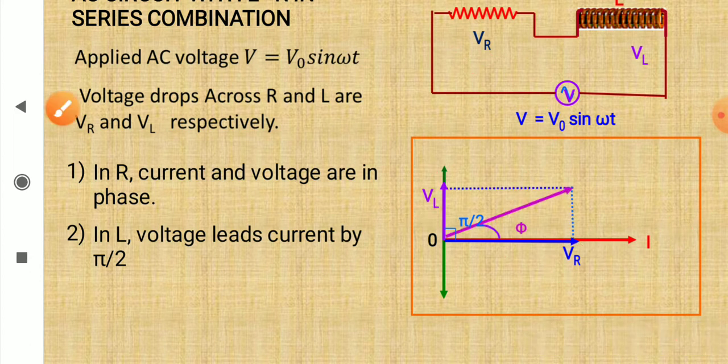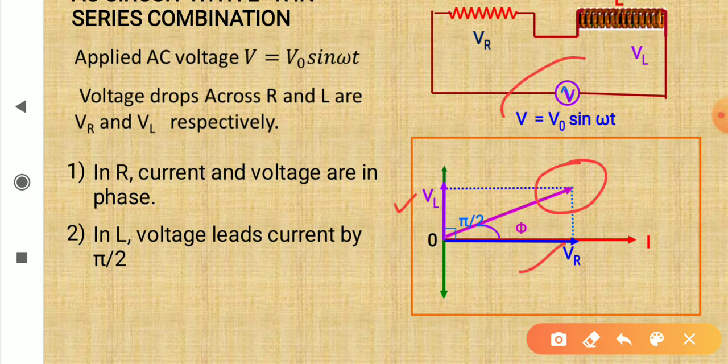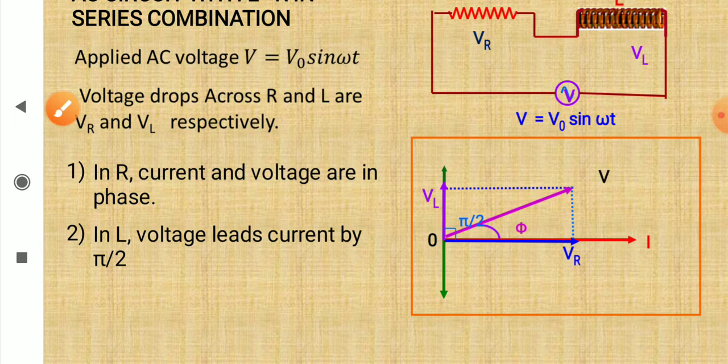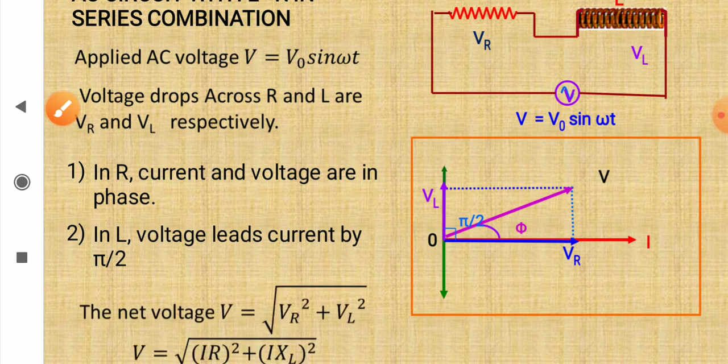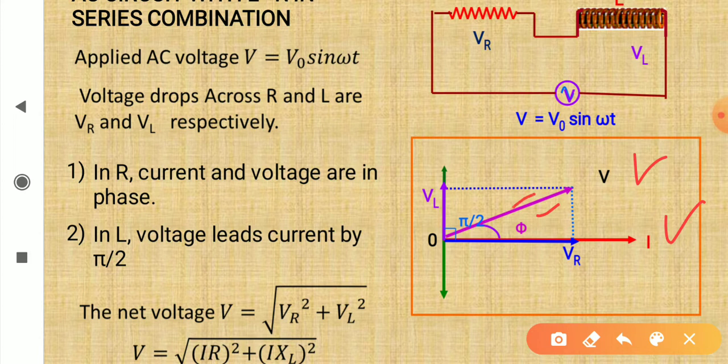Now the vector sum of VL and VR gives the net EMF or net voltage in the circuit. That is represented by this. And if the angle between current and voltage is phi, then that will be the net phase difference between the net voltage and current in the circuit.